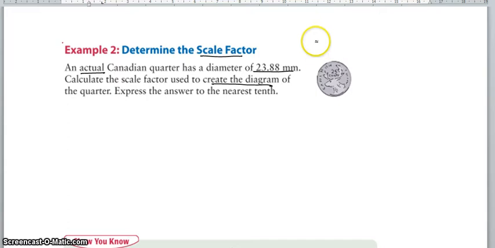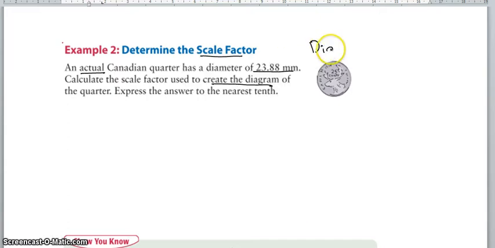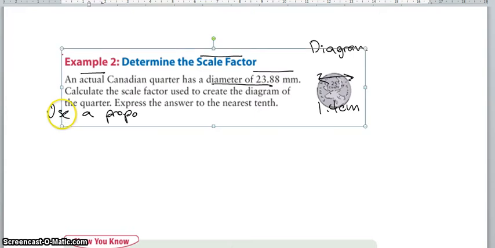So this is our diagram right here. If you got out your ruler and measured this quarter in the diagram, you would see that it's 1.4 centimeters. We're going to do this one a little differently. We're going to use a proportion. And you'll see there's examples of both of these in the book.